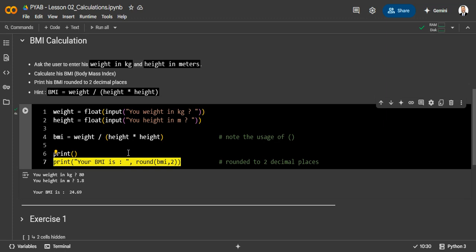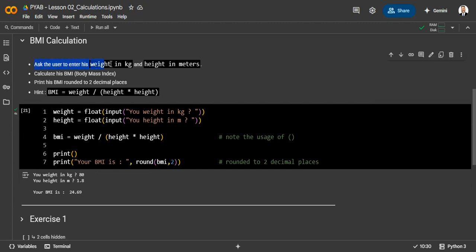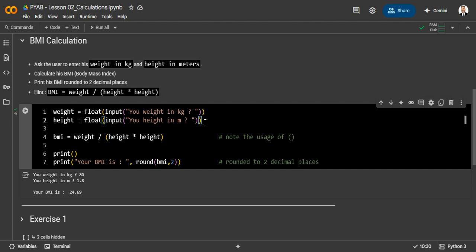So you try the things one by one, so that you'll be able to learn coding correctly. In case you are not sure how to do a particular part, just refer to the earlier lesson, how we have done the input command and how we have converted to float. You have all the examples. You can put those codes over here and try them out one by one.